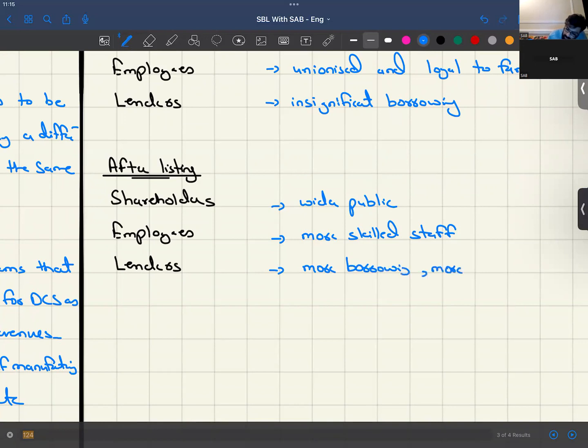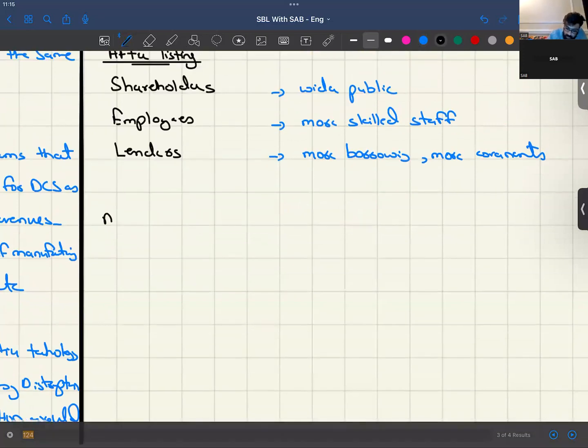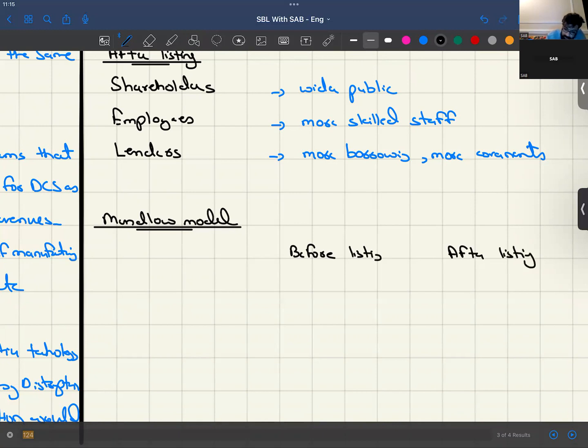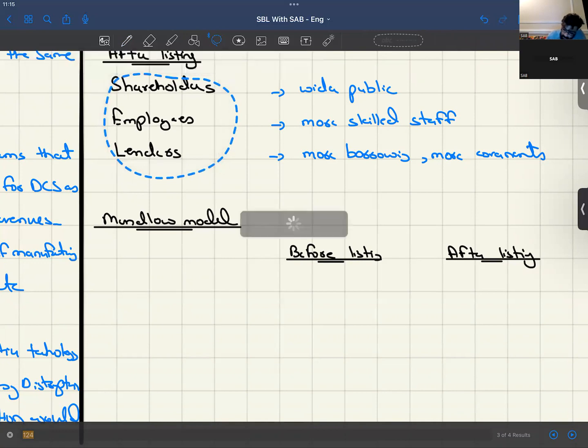Now, in the Mendelow model, because they have asked you to follow the model, before listing and after listing, you have to categorize these three.